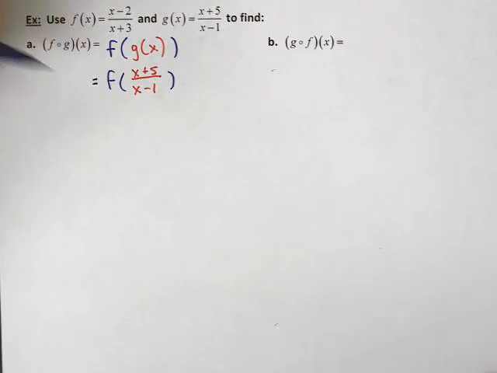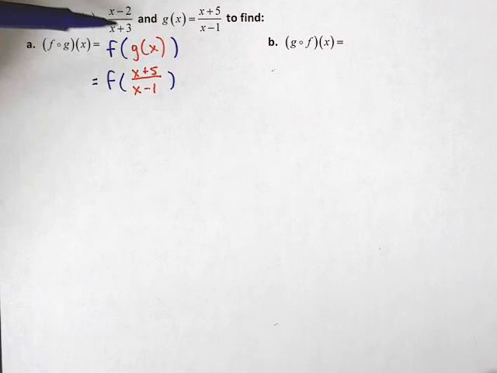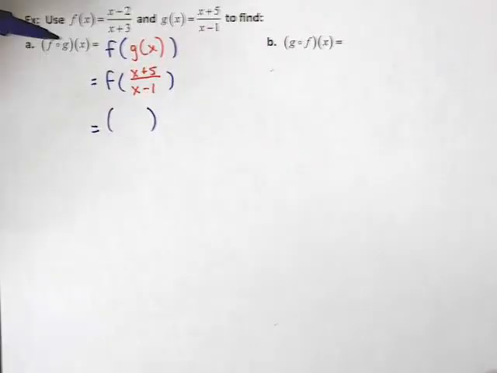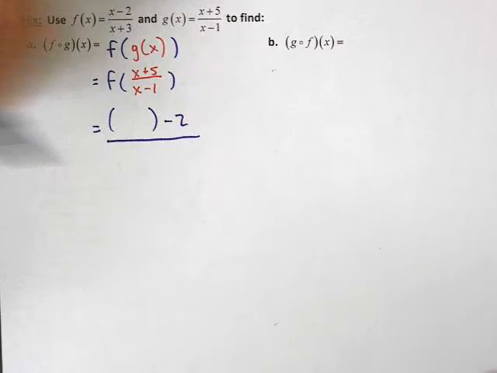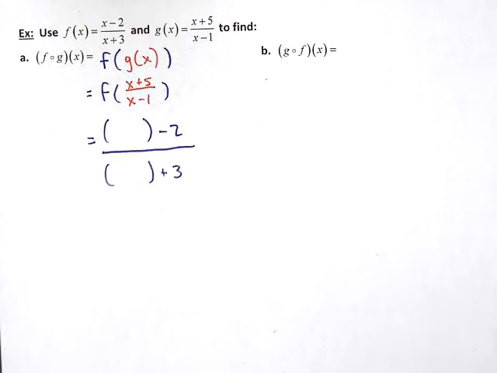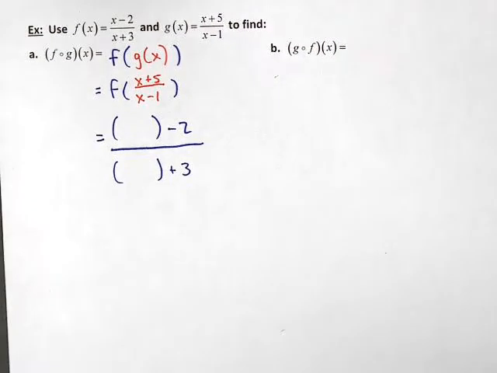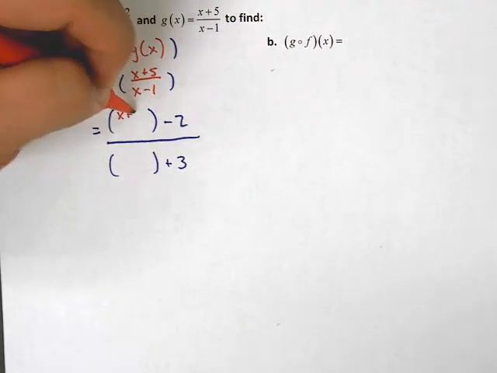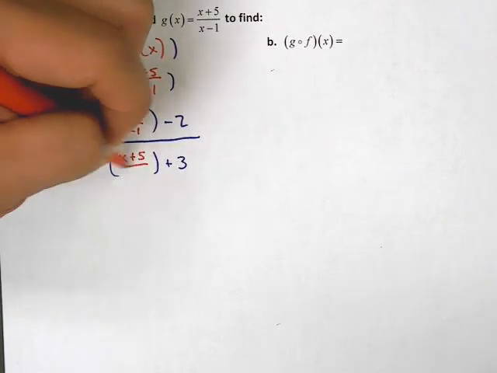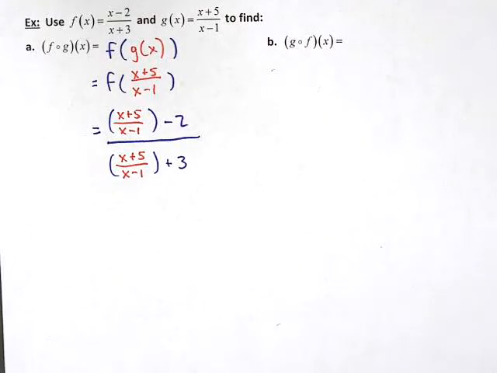So what happens here now? When we look at our f function, it says we have the input minus 2 over the input plus 3. All right, so this is more challenging. I have the input minus 2 all over the input plus 3. So again, I'll change colors. Hopefully this will help. This is x plus 5 over x minus 1. This is also the input, x plus 5 over x minus 1.